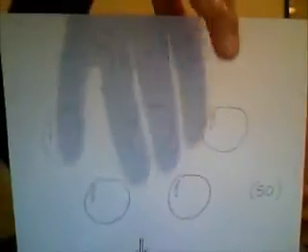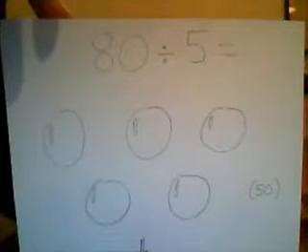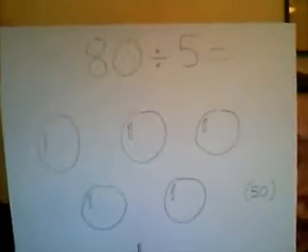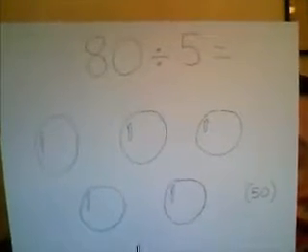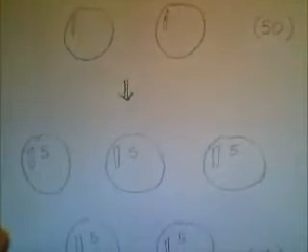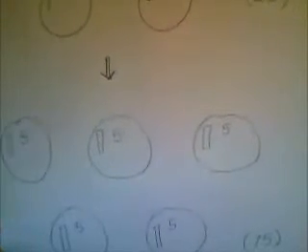Now, if I kept counting in tens, I would run out. Okay, 60, 70, 80. I haven't got enough to share that out equally. But I could even then share out in 5s. So I've got 50, 55, 60, 65, 70, 75. I've shared out 75 now. Can I share out another 5? No. I could share out once.